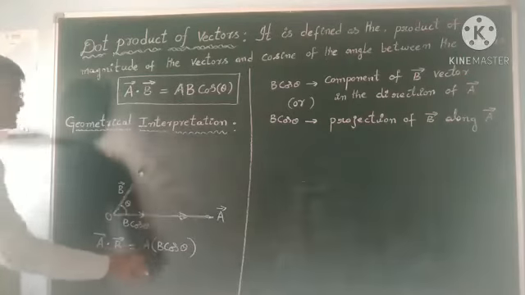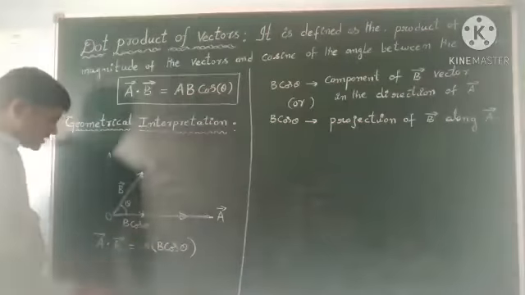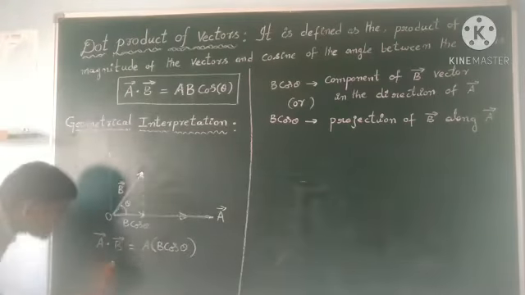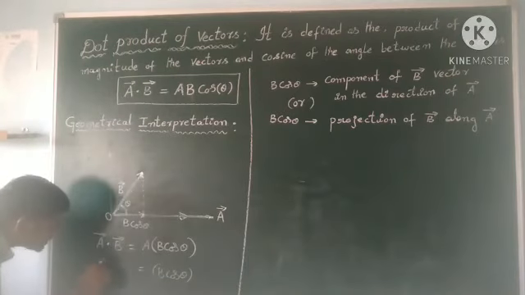Now the name of B cos theta is the projection of B bar along A bar. Now I want to make B cos theta the subject. Then B cos theta is equal to, what will you get, students?